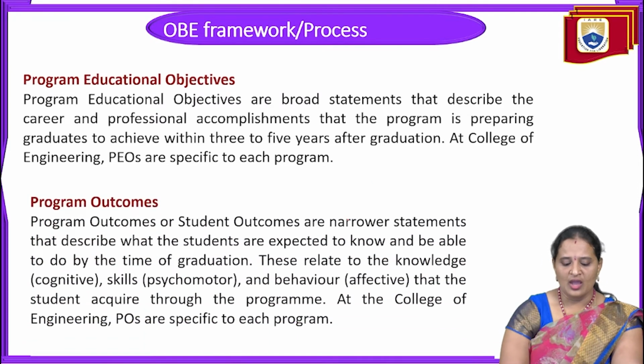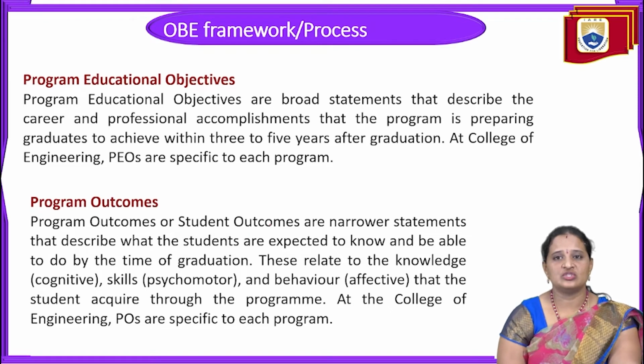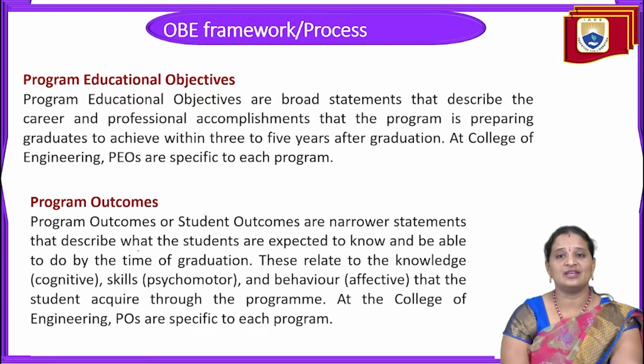So what is a program outcome? The program outcomes or student outcomes are narrower statements that describe what the students are expected to know and be able to do by the time of graduation. What the student will be able to do after the completion of graduation.